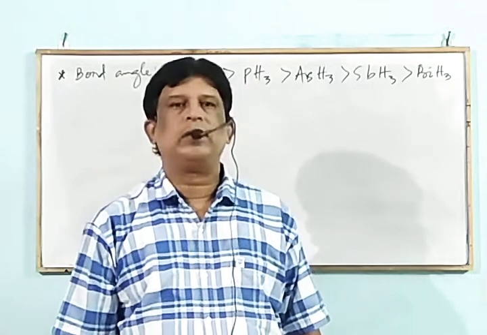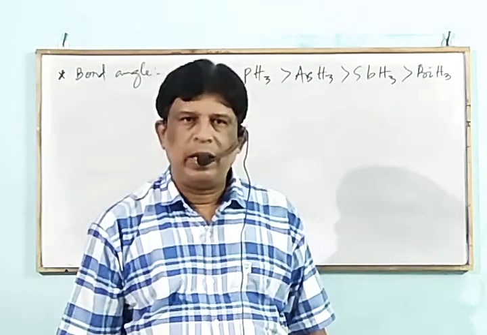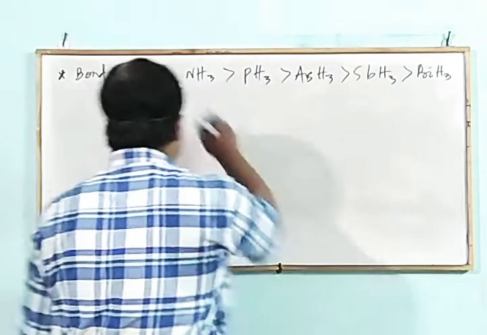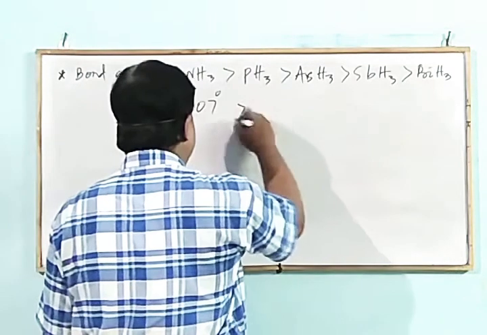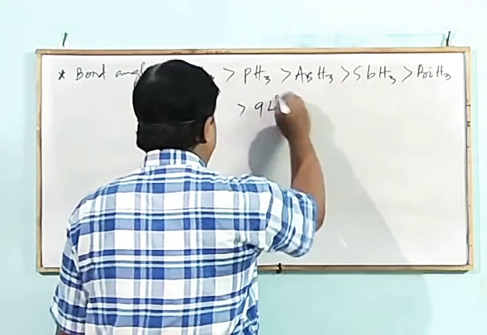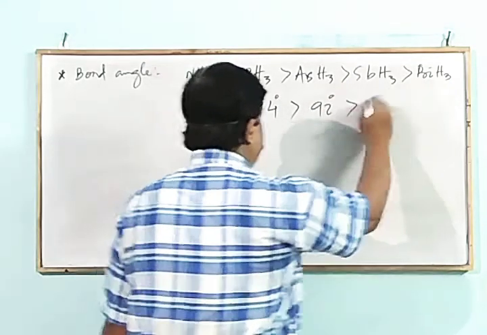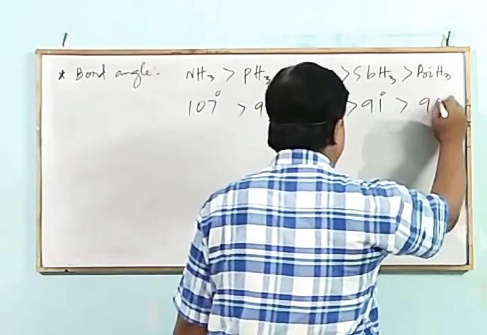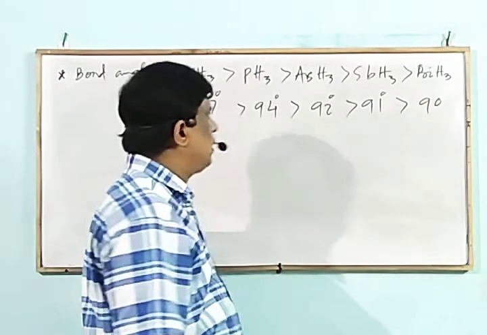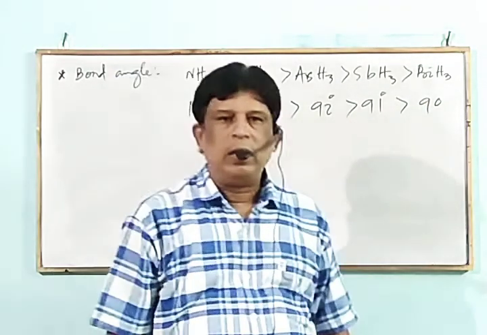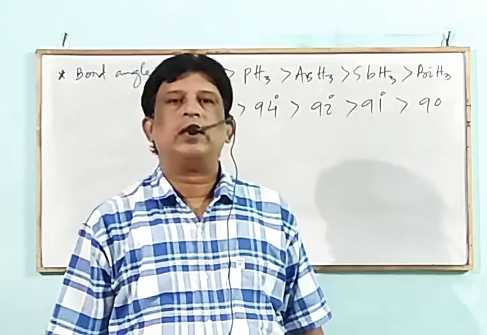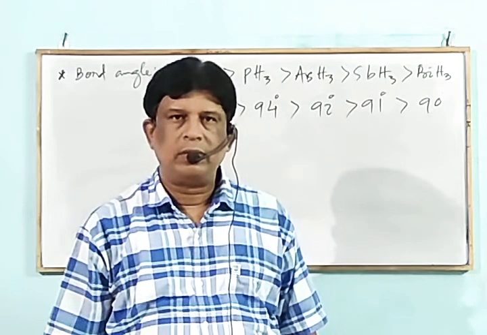Bond angle is 107 degrees. That means it is 107, 94, 92, 91, 90. Mark that. The bond angle gradually decreases.